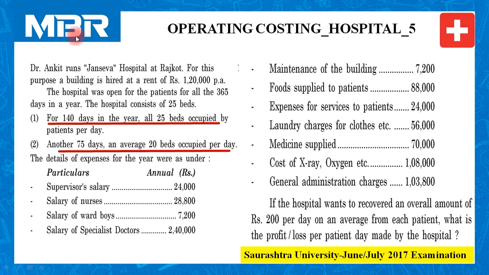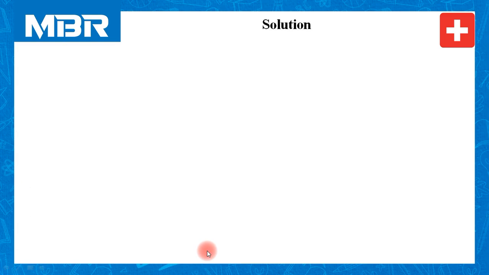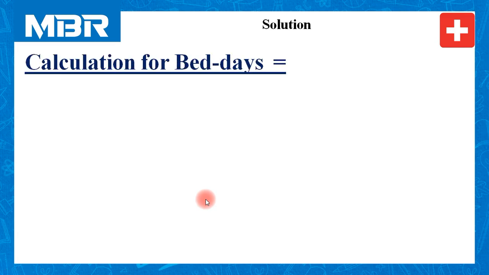Now, using this information, we need to prepare our complete answer. So, let us move towards our answer. As a part of the answer, first of all, we need to calculate bed days.